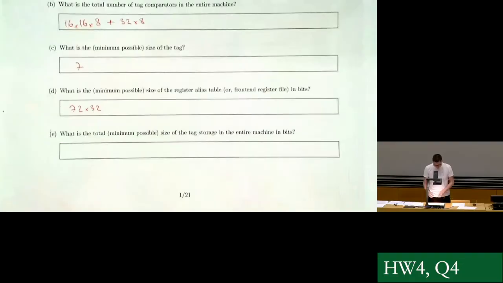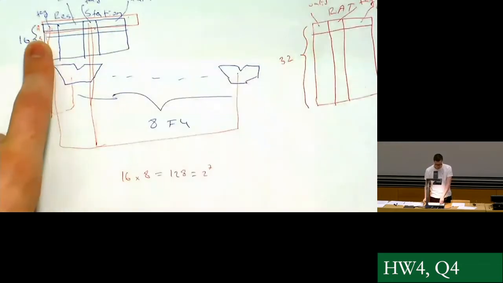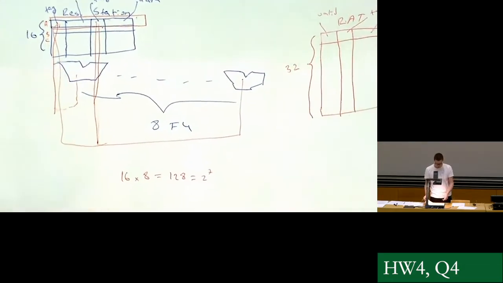And then the last part is, what's the total size of the tag storage in the entire machine in bits? So it only asks about tag storage right now. So we should include the tag storage in the register alias table as well as in the reservation stations. So in the reservation stations, we have 2 tags per entry, right? So it is 14 bits because we know the tag is 7 bits.